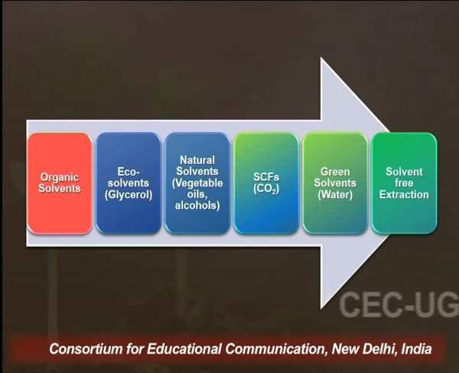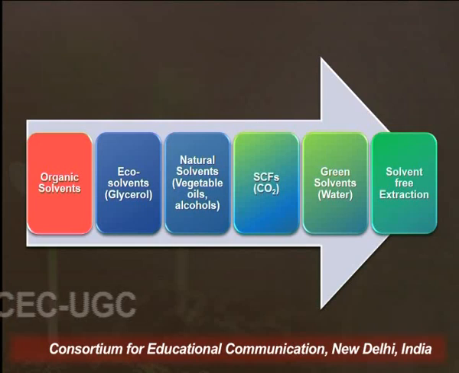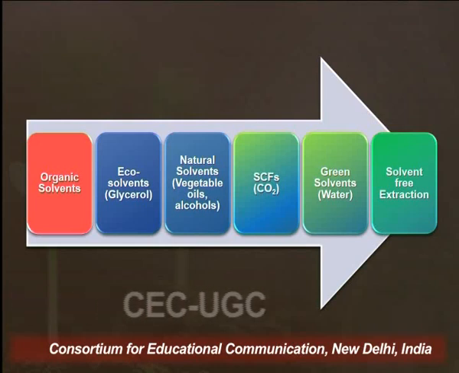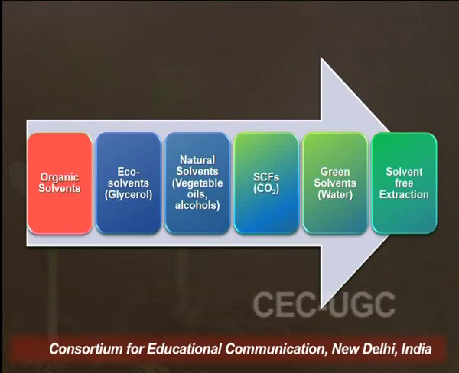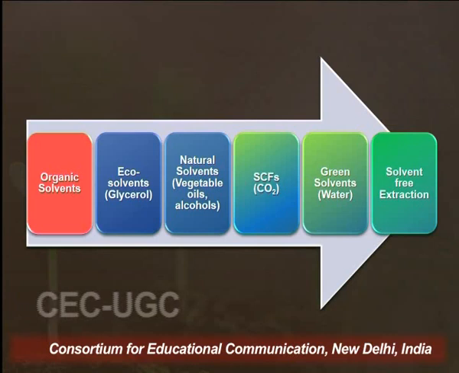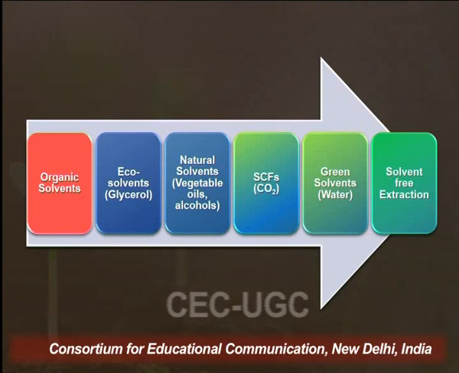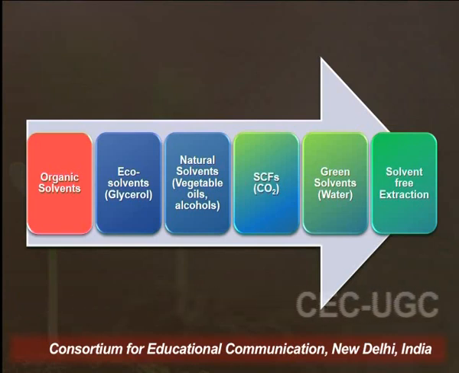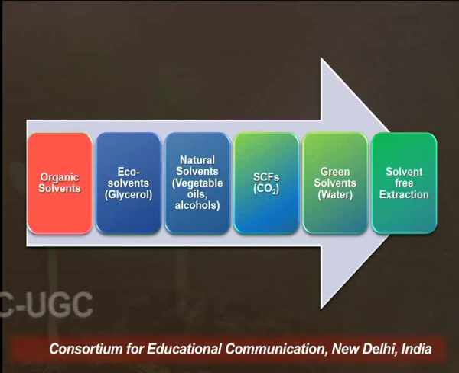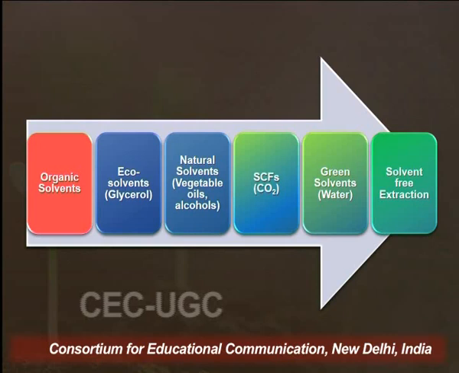Then once we realized the detrimental effects of organic solvents, we shifted to eco solvents, which were less toxic in comparison to organic solvents, like glycerol. Further, we improved our extraction processes by using natural solvents, which had very little toxic effect in comparison to the previous two classes, such as vegetable oils or alcohols.